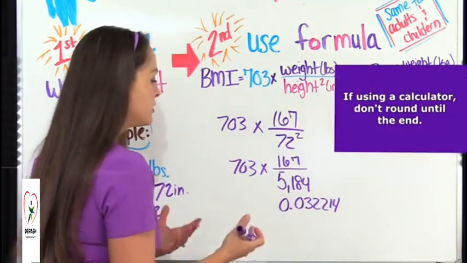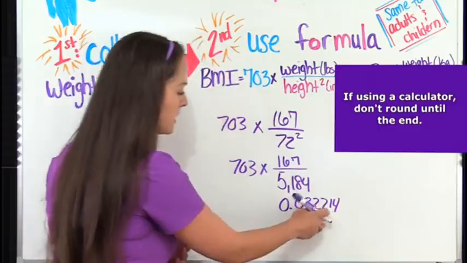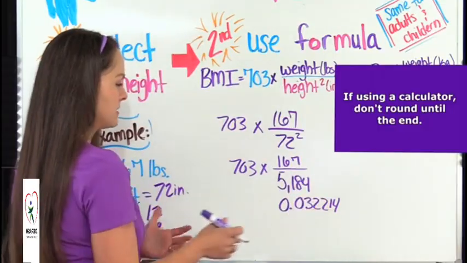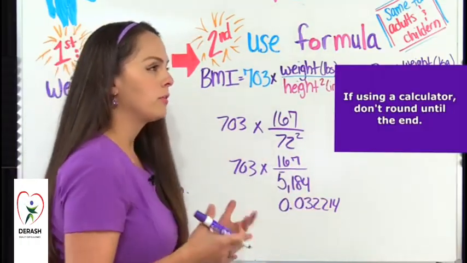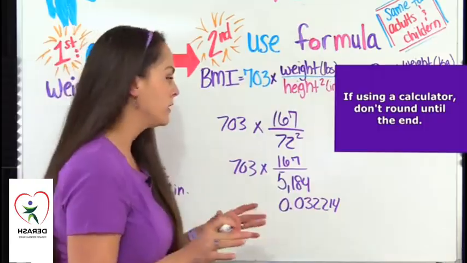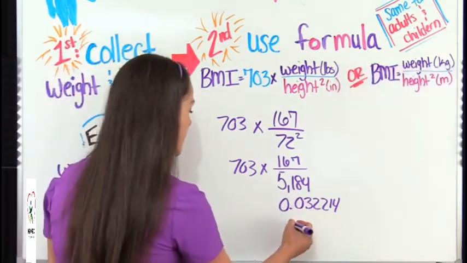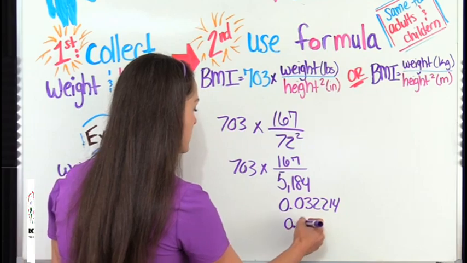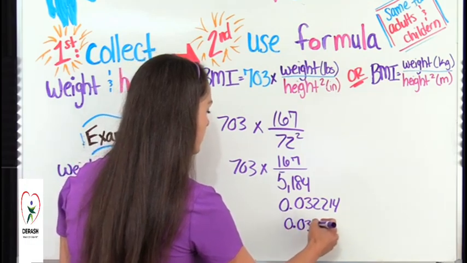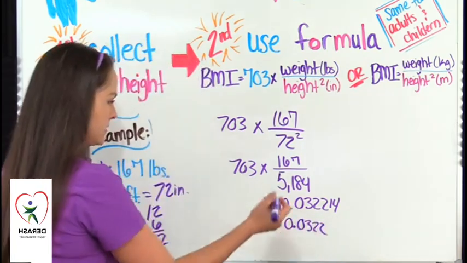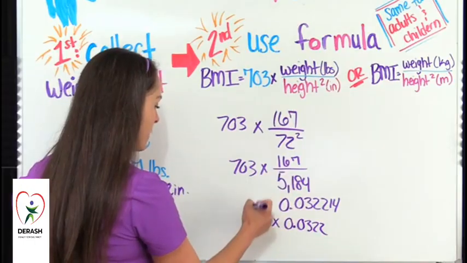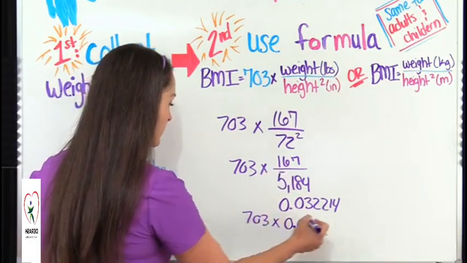So we're going to round to the 4th decimal point, which is the 10,000th place. Now round how your professor wants you to round, so follow their rounding rules. But we're going to round to the 4th decimal place, which will give us 0.0322. Makes things a little bit simpler. And then we're going to multiply that by 703.